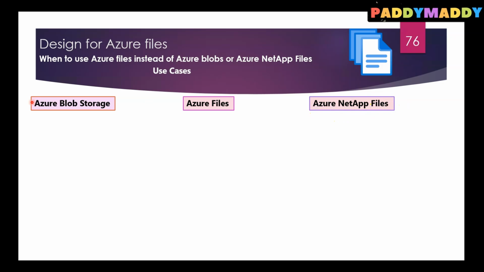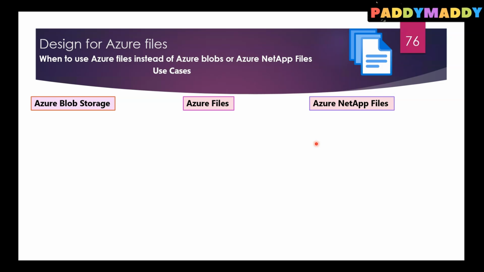So let's take a minute to review when you should select Azure Blob Storage, NetApp Files, or Azure File Storage. NetApp Files is a fully managed, highly available, enterprise grade NAS service, again offered by NetApp.